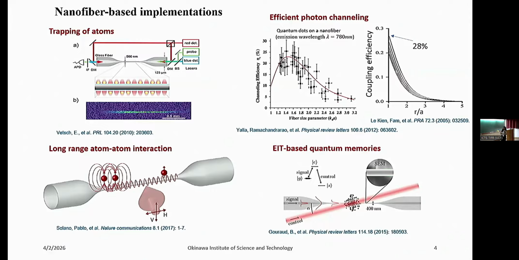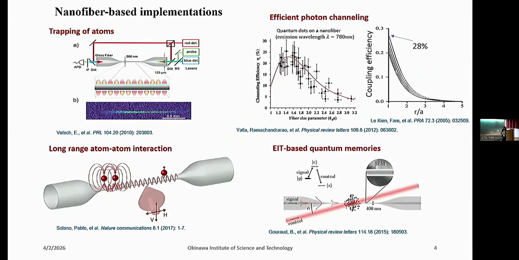After these atoms are trapped, they give a light matter interface which can be used for efficient photon channeling. This light matter coupling depends upon the radius of the fiber, as you can see here, and also the distance between the fiber and the emitters.